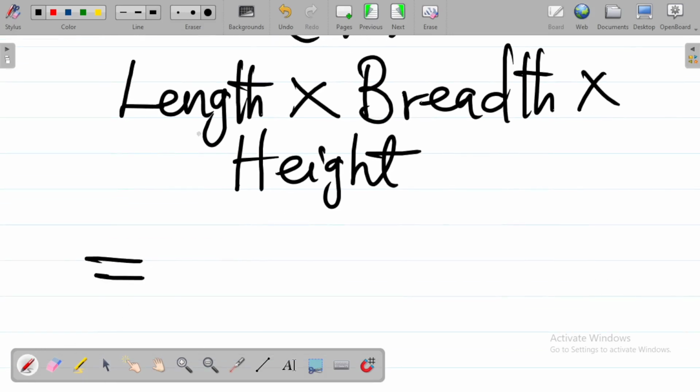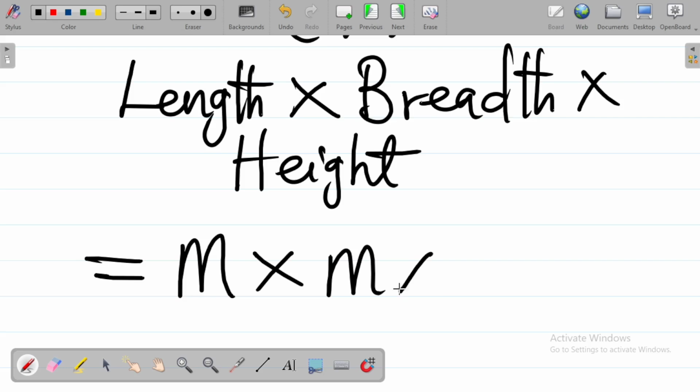So we have here, length is measured in meter, multiplied by breadth, which is also measured in meter, multiplied by height, which is also measured in meter.